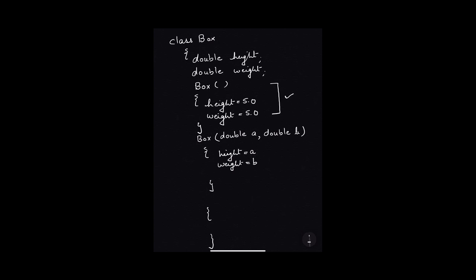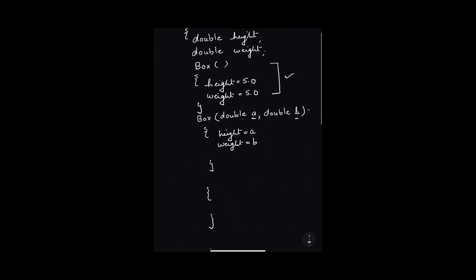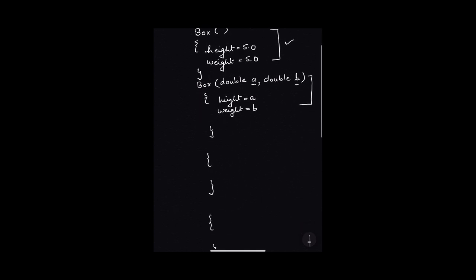So whatever values the user gives to A and B will be assigned to the height and weight variables. Let's say I again initialize another parameterized constructor where I have just one argument, length, and both my variables height and weight are initialized with this value.